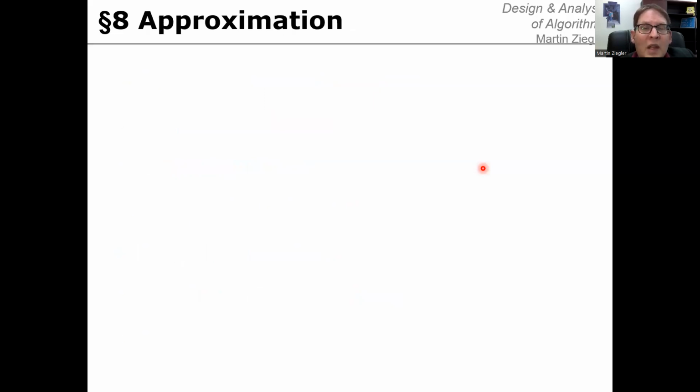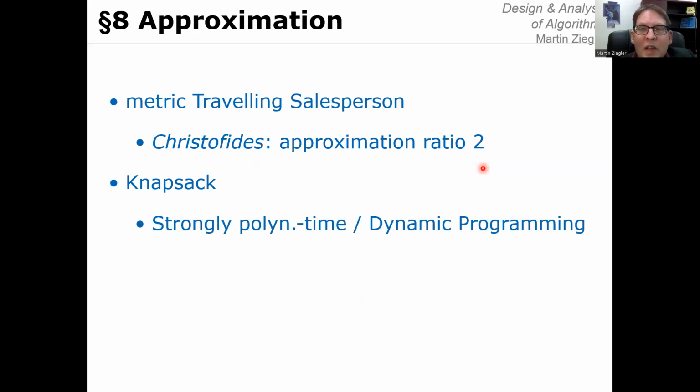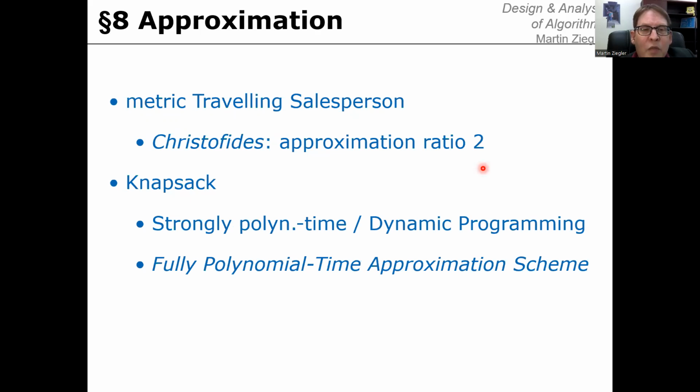Instead, we're going to analyze approximation algorithm for these problems, namely for the metric traveling salesperson problems. Christofides' algorithm achieves approximation ratio 2. And for the knapsack problem, one can even find fully polynomial time approximation schemes by modifying strongly polynomial time algorithm using dynamic programming to obtain a fully polynomial time approximation scheme.